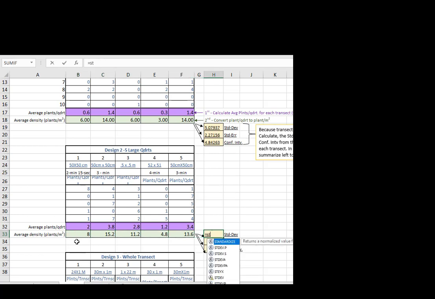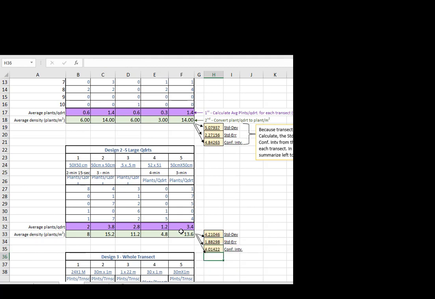Okay, so let's calculate the standard deviations here. The standard error, which is this guy, divided by square root of the sample size. Whoops, I made a problem here. Oh, I got too fancy here. The square root is not in, it's 5, right? There we go. And my confidence interval here, there's my standard deviation, and again my sample size is 5.